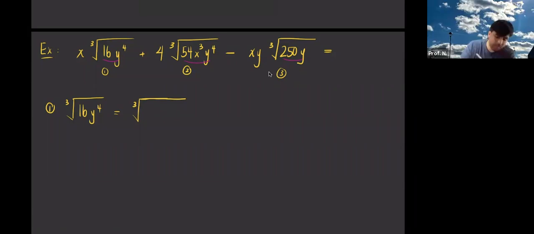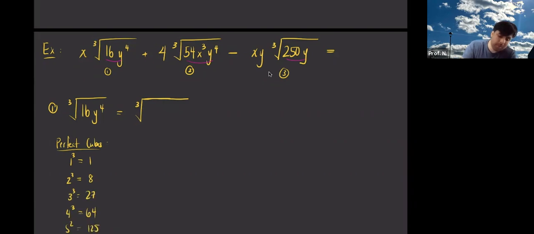So remember perfect cubes. What are the perfect cubes? 1 cubed, that's 1. 1 is a perfect cube. 2 cubed is what? 8. 3 cubed is what? 27. 4 cubed is what? 64. 5 cubed is what? 125.